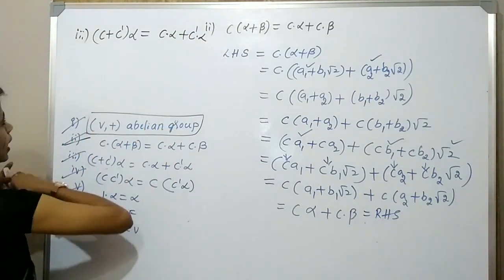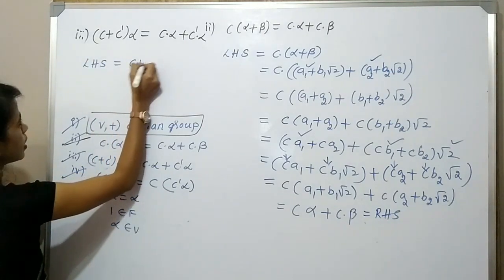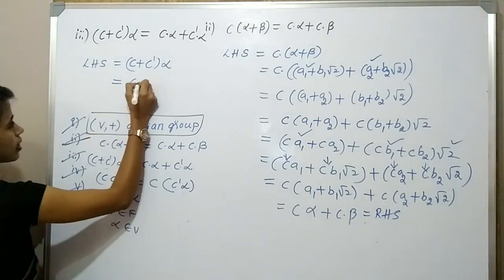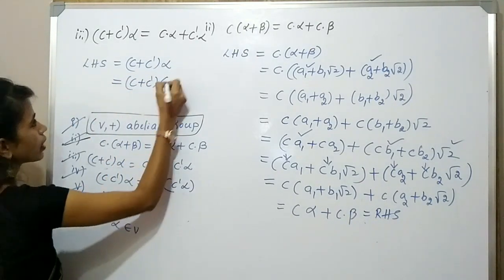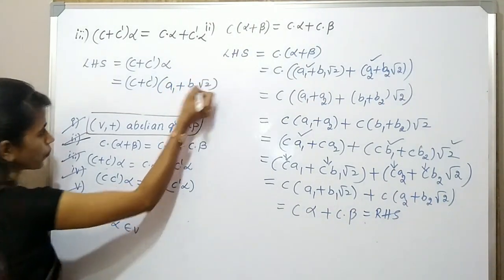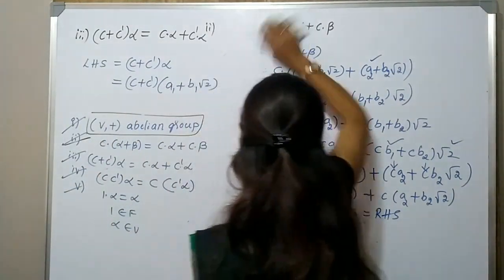Okay, so take LHS, (c plus c dash) into alpha. Alpha is a1 plus b1 root 2.